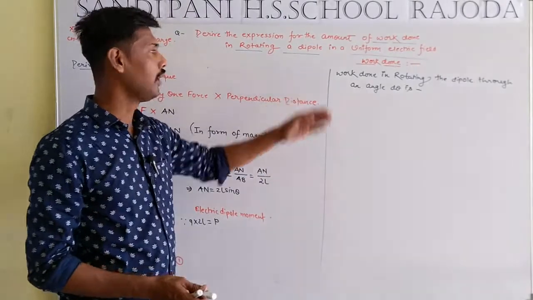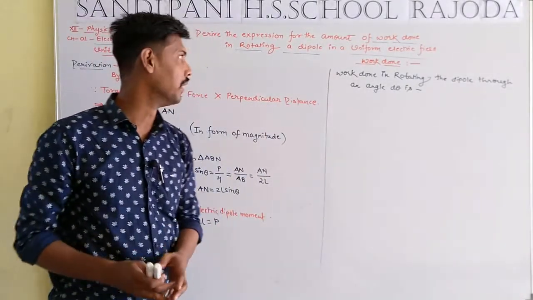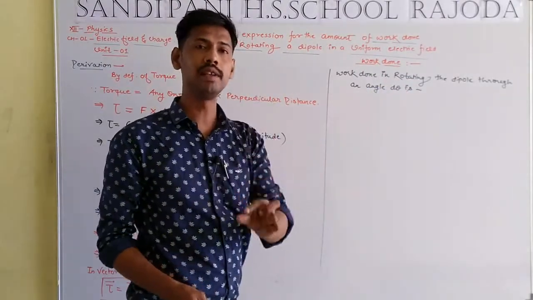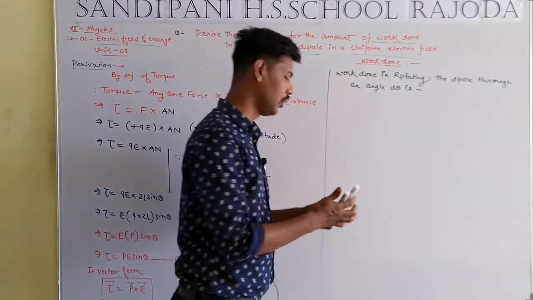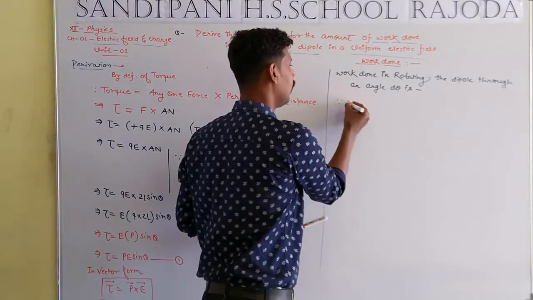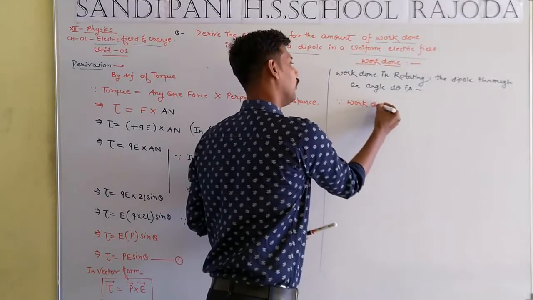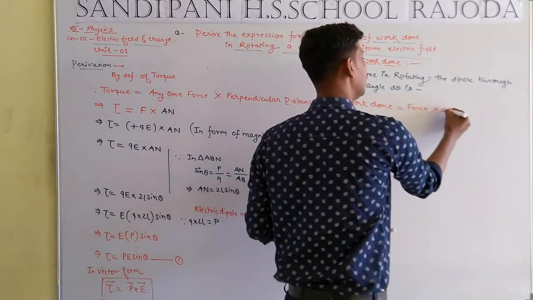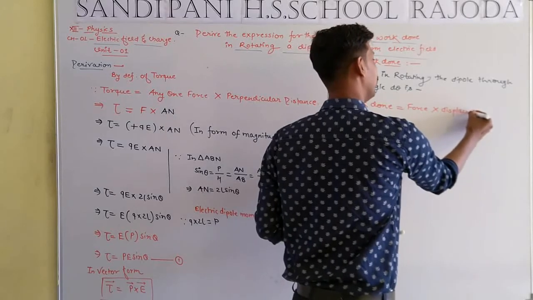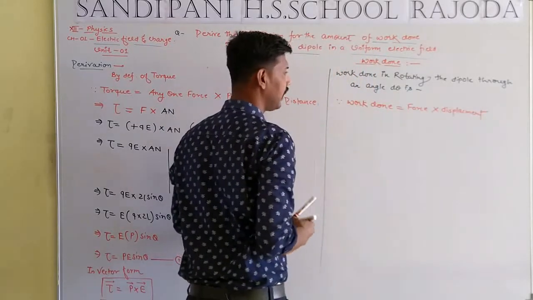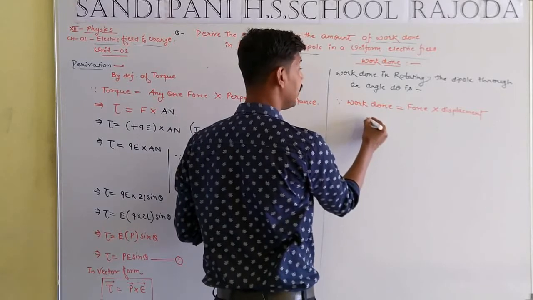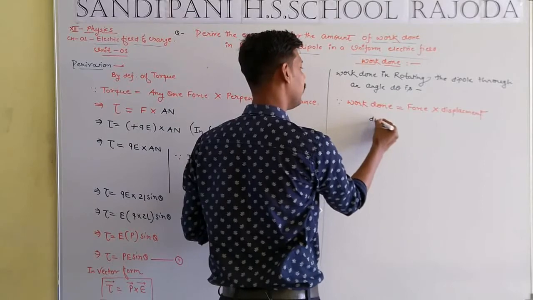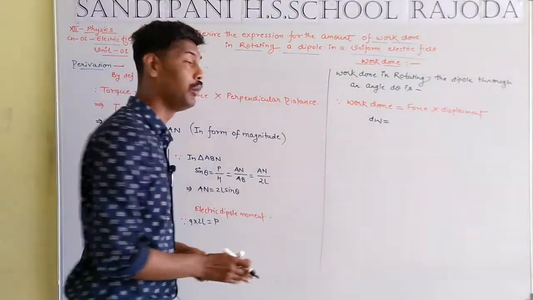Now, students, it is time to calculate the work done. Work done in rotating the dipole through an angle d theta. Let me consider a small angle d theta. So what is the proper definition of work done? Work done will be equal to force into displacement. Work done is represented by W, but in the case of d theta we use small dW.